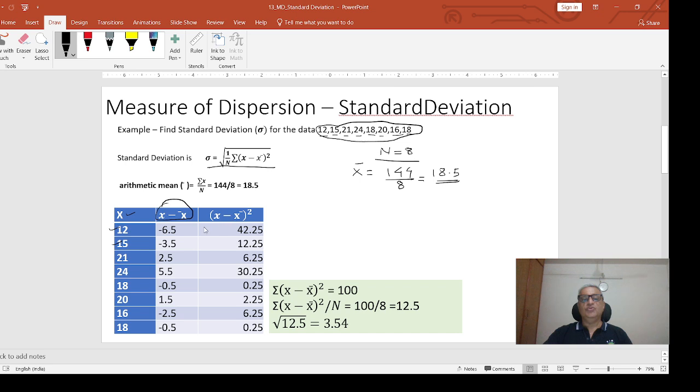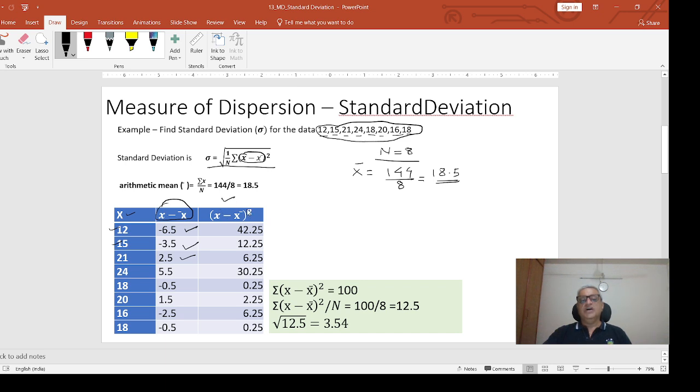My mean is 18.5. So 12 minus 18.5 is minus 6.5. 15 minus 18.5 is minus 3.5. 21 minus 18.5 is 2.5, and so on and so forth. So in this column I am doing x minus x bar.